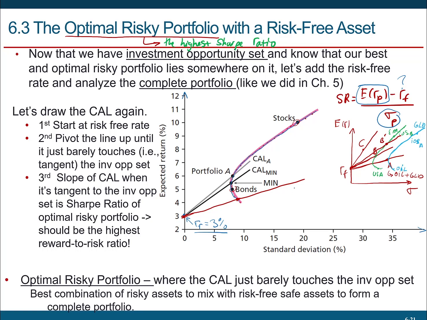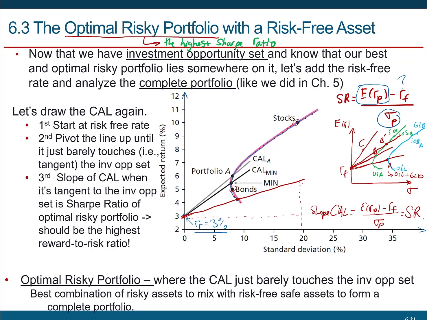Because you remember, what is the slope of the CAL line? Slope of the CAL is the expected return on the portfolio minus RF, divided by sigma P, the Sharpe ratio.